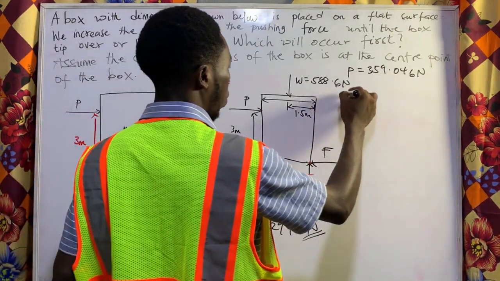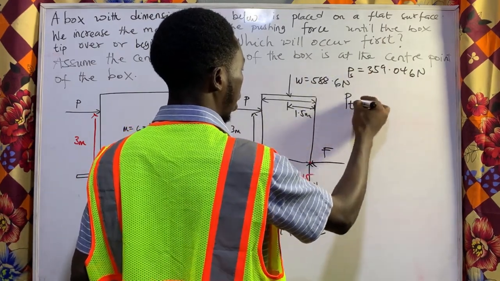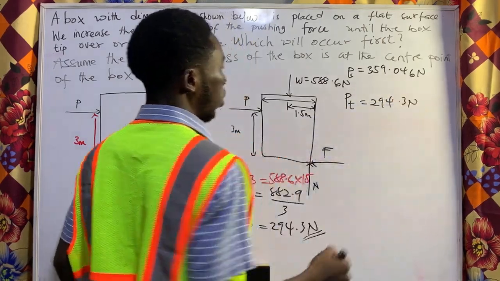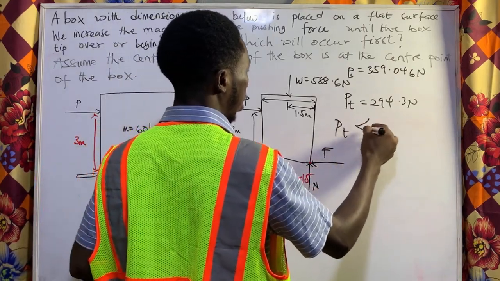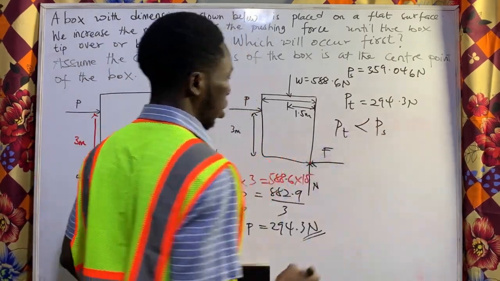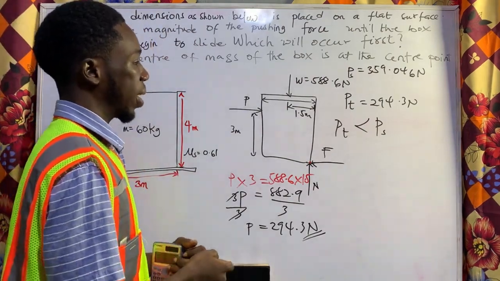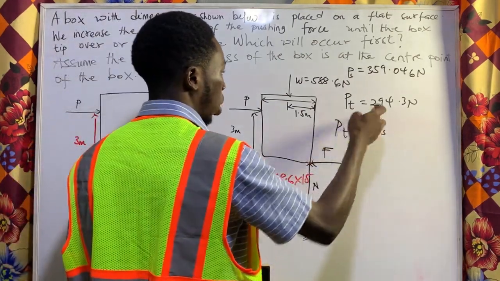So you have P, let's name it P tip, and then P sliding. So that's equal to 294.3 newtons. Okay, so you can see that P tip is less than P sliding, right? Which means that the force required for tipping to occur is less than the force required for sliding to occur.